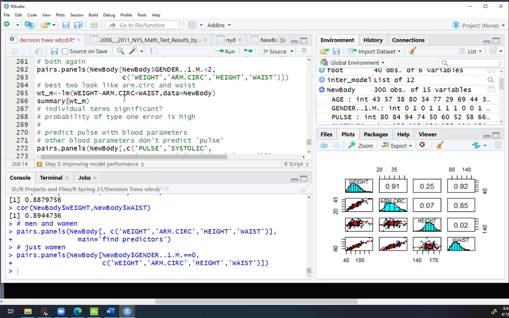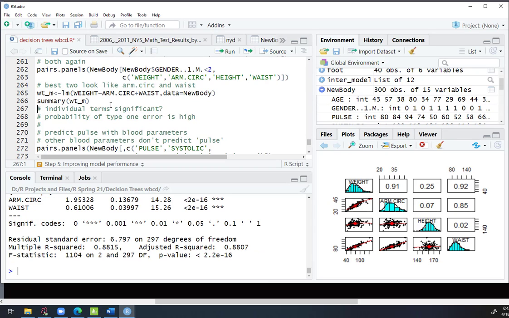If I want to use two independent predictors, I just put a plus in between their names. I'm not naming my data frame on the left, so I have data equals new body, the name of my data frame, trailing here. And I'm storing this linear model in wt underscore m, weight model. After I create the model, I can see features using the summary command. So we'll say summary and run that.